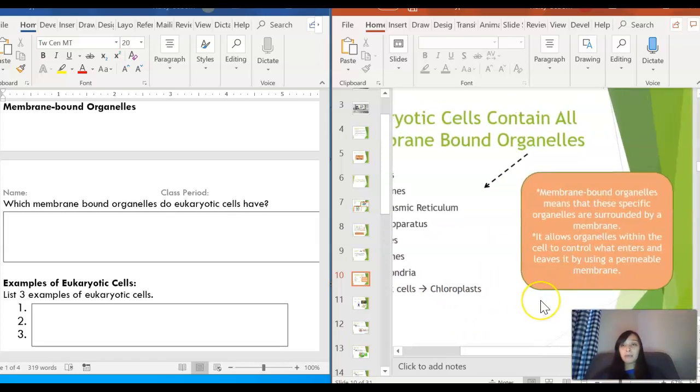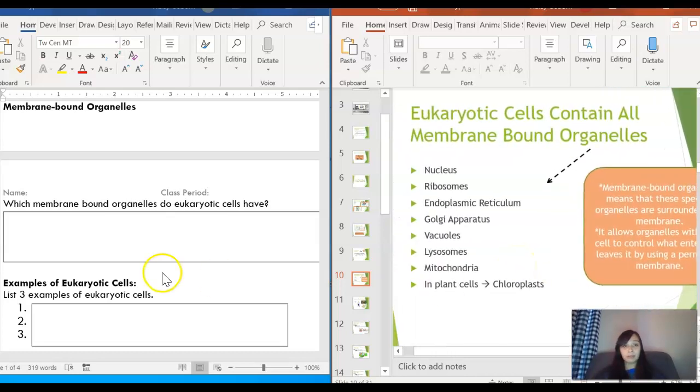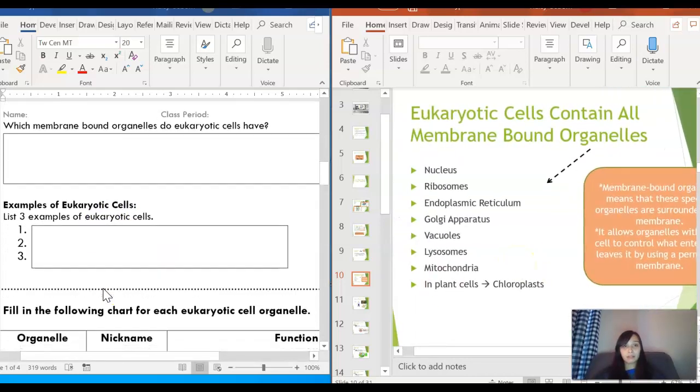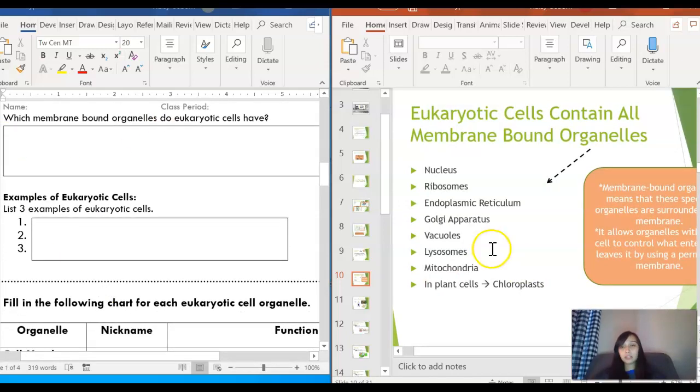When it's talking about membrane-bound organelles, that means that these specific organelles are surrounded by a membrane. It allows organelles within the cell to control what enters and leaves it by using a permeable membrane. So to answer this question, you would just fill in that box with these organelles.